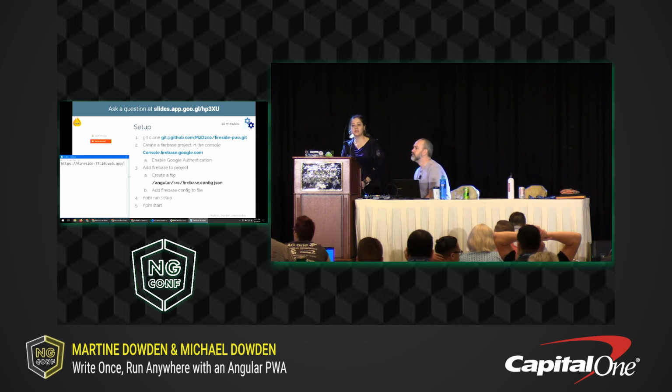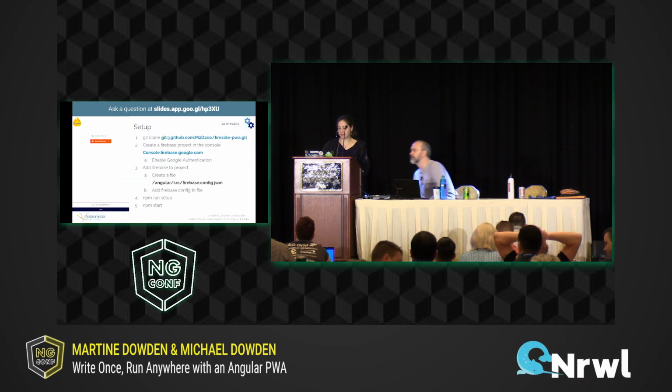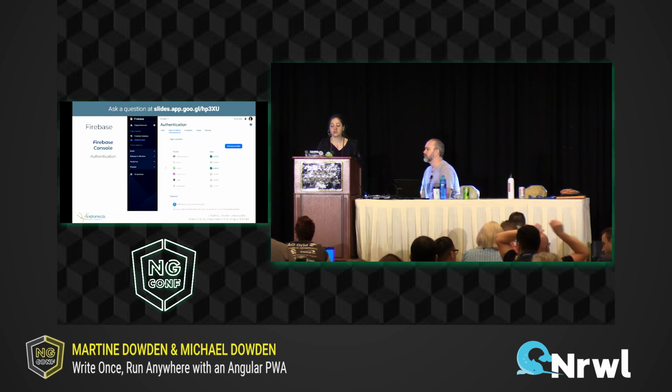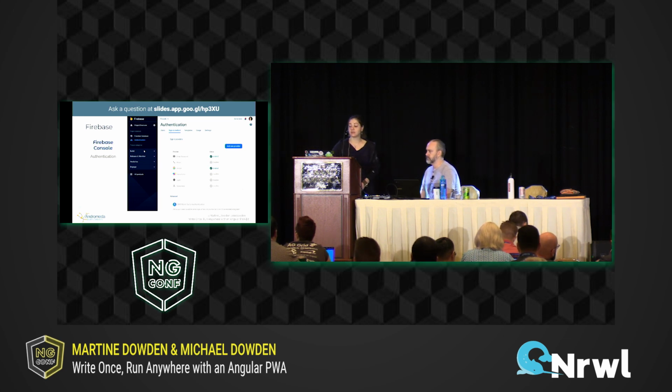Where do I set the Google authentication? Okay, so in the Firebase console, let me go back over here really quick. I'm going to mess everything up. It'll be great. When you hit this, I think it's under build, no, it's not under build. Actually, I lied. It's under the drop down. You'll see under the gear, you should have authentication. Actually, I'll just open my console and we'll go from there.